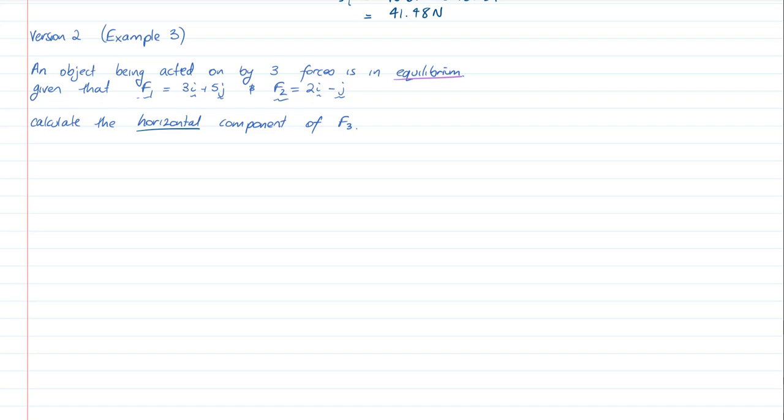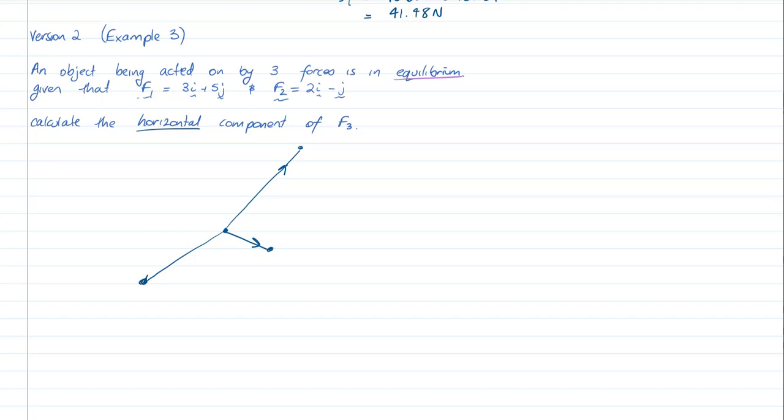So we're going to calculate the resultant force. So first, we don't know direction, we don't know force, but we do know this. There's my central point, and force 1 is 3i plus 5j, which is about there. And force 2 is 2i minus j, which is about there. And force 3 is something that makes it in equilibrium, so it's probably going to be like that.